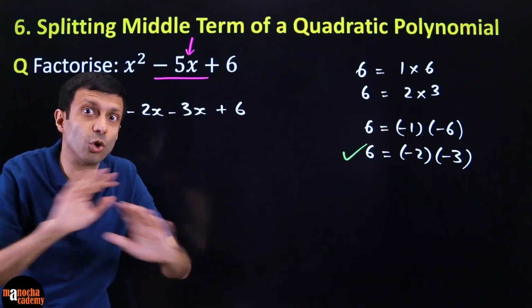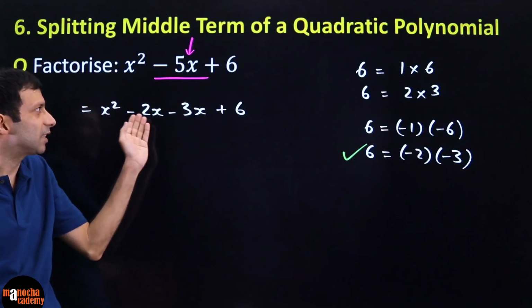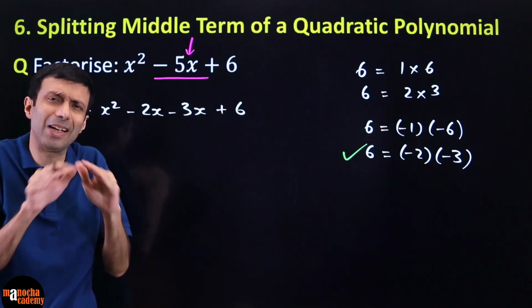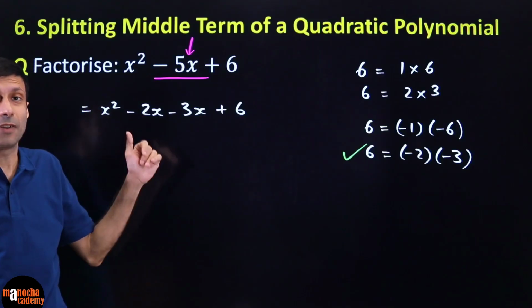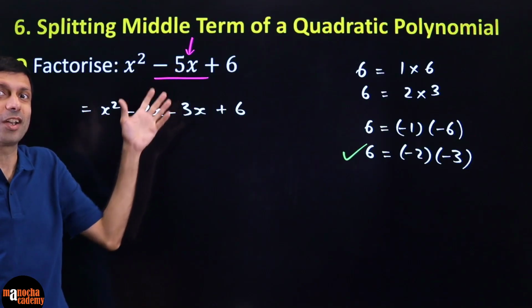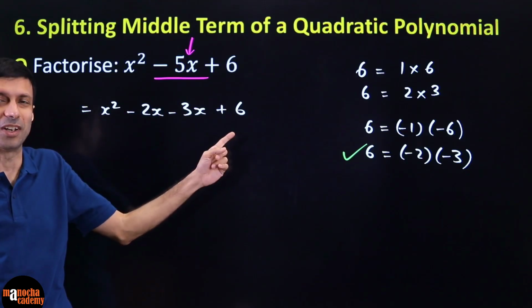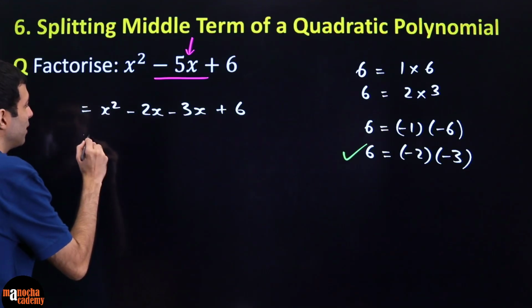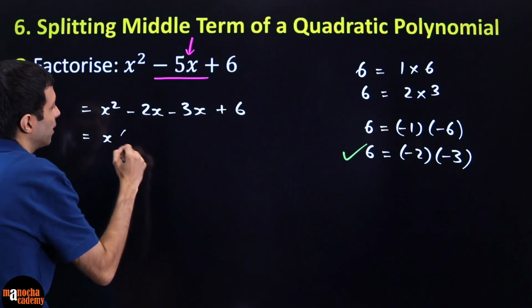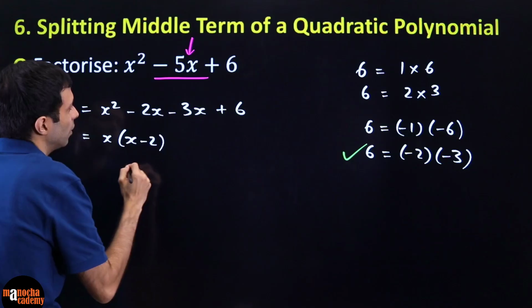See, I have made no change in the expression. Minus 5x has just been broken down, middle term splitting, into 2 parts. Now the advantage is, you have converted your odd number of terms into an even 4 terms. Now go for grouping. X is common here, so we'll write x minus 2.